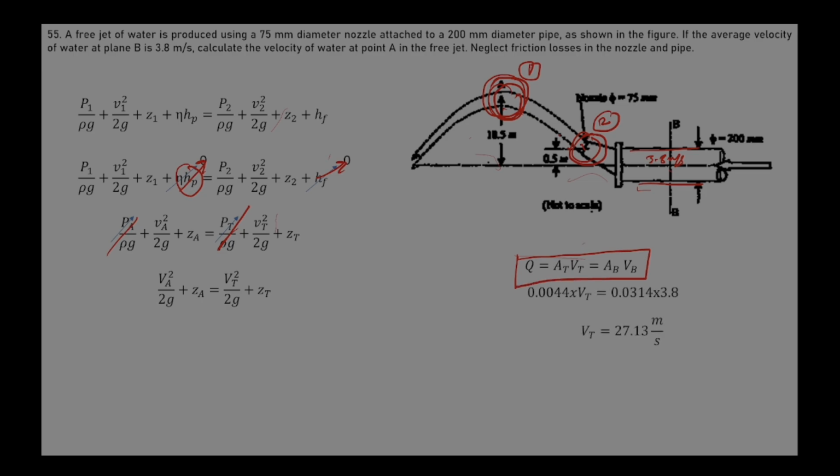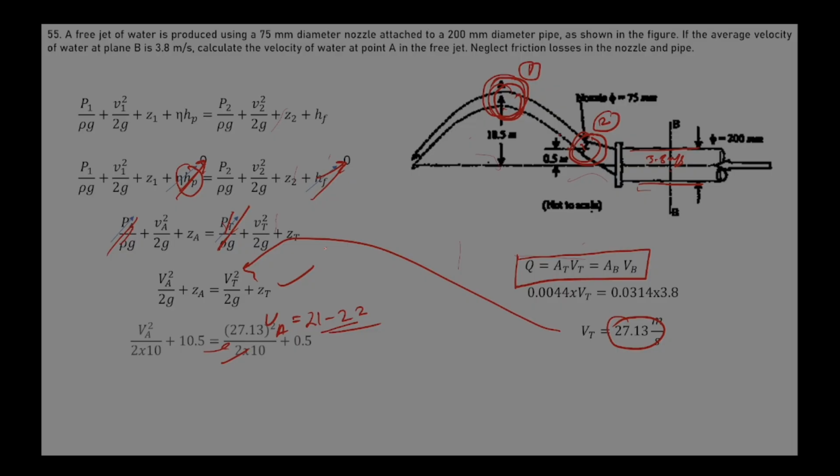After putting VT here, we will get VA. I don't know the answer, but it is less than this value, maybe 21 or 22 or 23. Just calculate it, that will be the answer. But the concept is, whenever atmospheric pressure is applying, this will be 0. No pump, no frictional loss, so the equation reduces to this. Okay, next question.